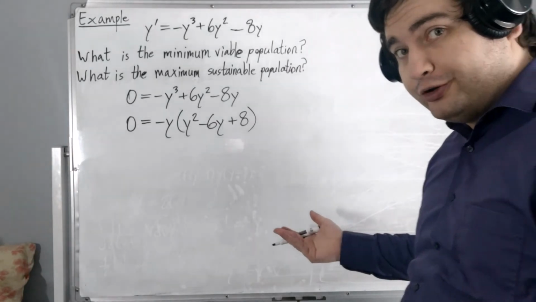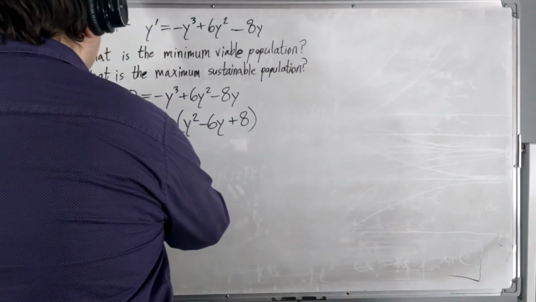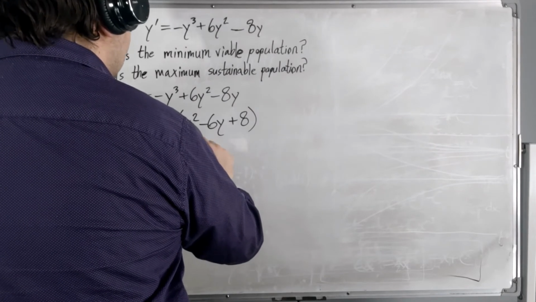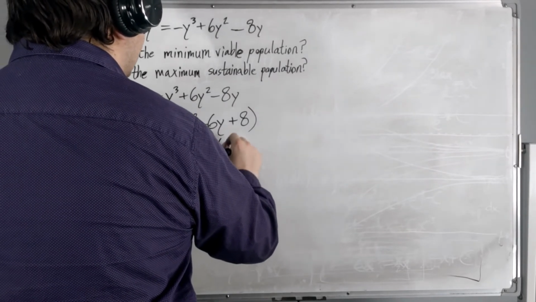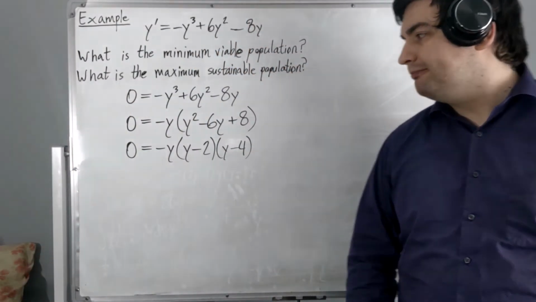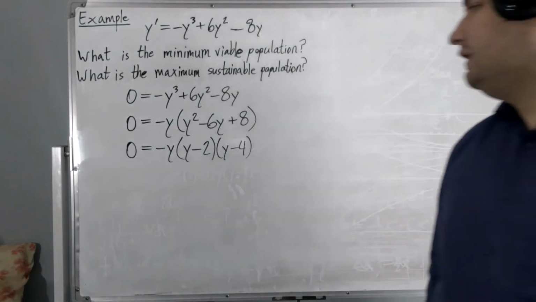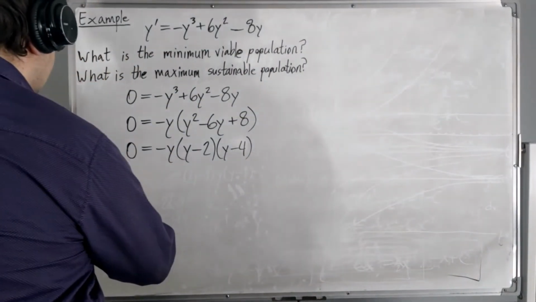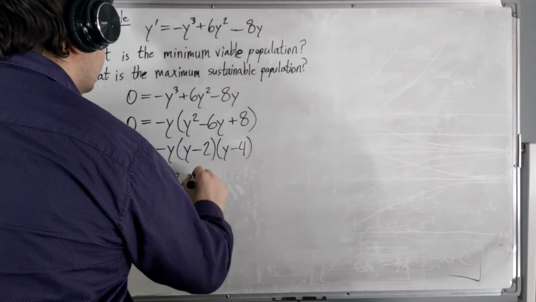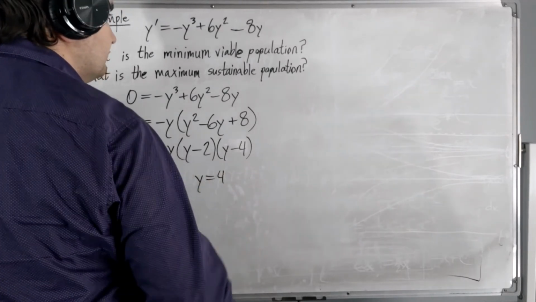That can be factored further, right? That can be turned into 0 equals negative y times y minus 2, y minus 4. All right. So that gives us 3 equilibrium solutions. y equals 0, y equals 2, and y equals 4.